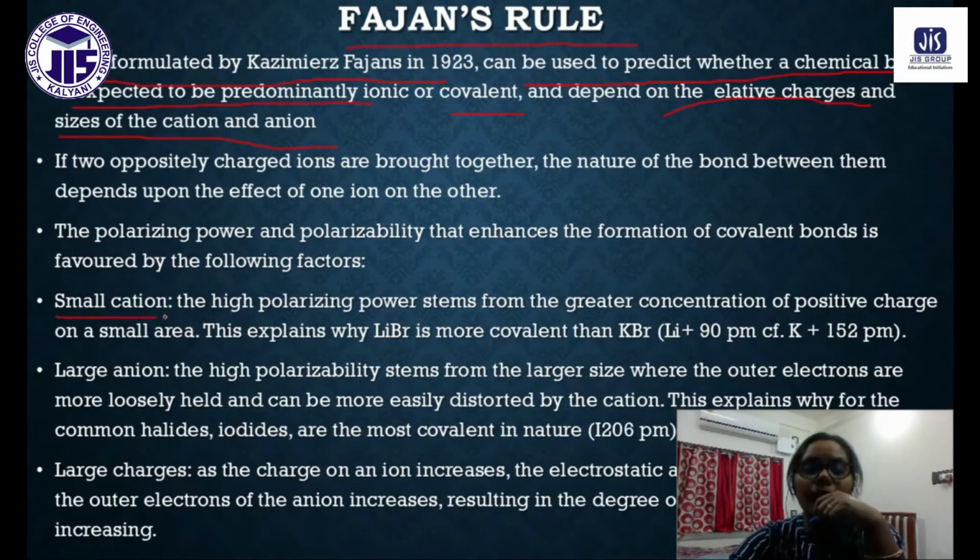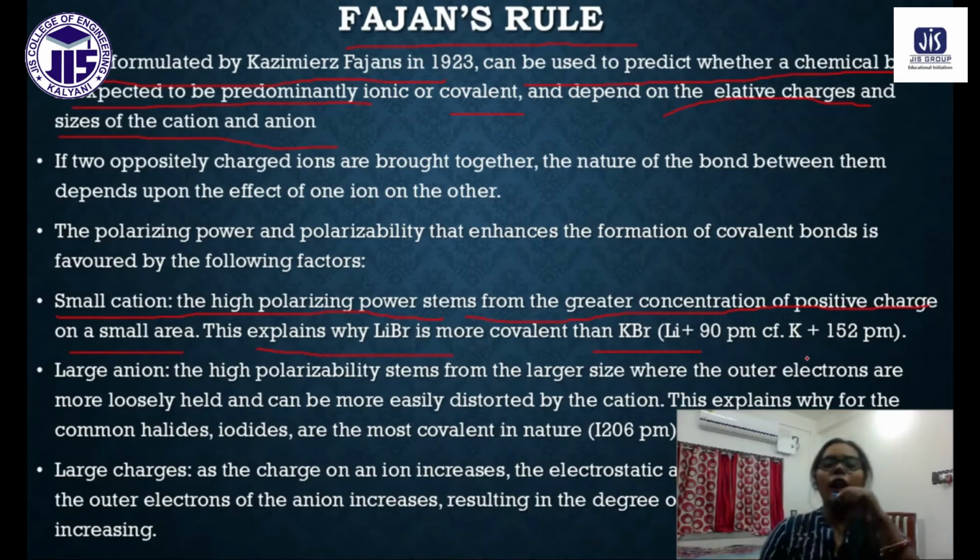the small cation has the high polarizing power, stemming from the greater concentration of positive charge on a small area, and this explains why lithium bromide is more covalent than potassium bromide. Okay, so according to Fajan's rule, now what will happen if the cation is small?